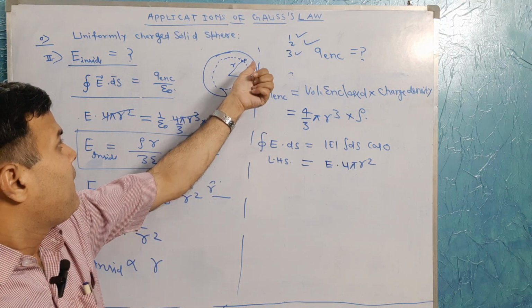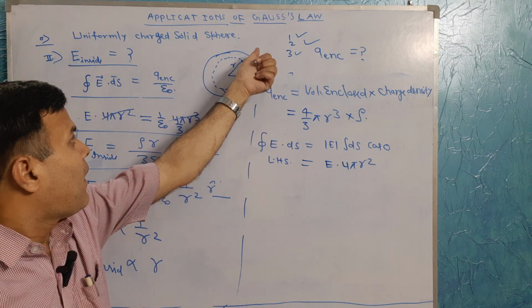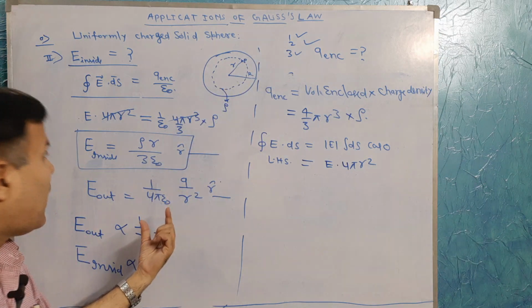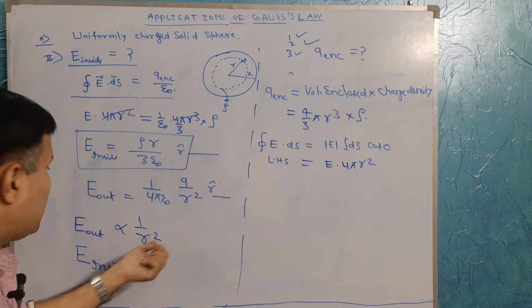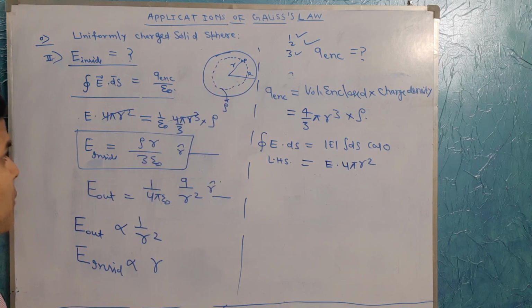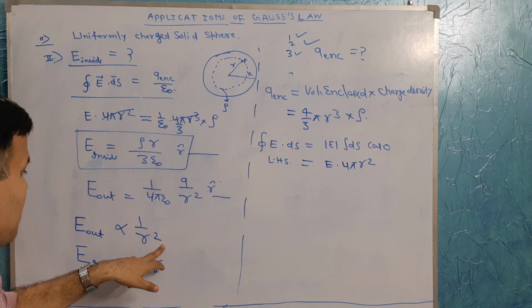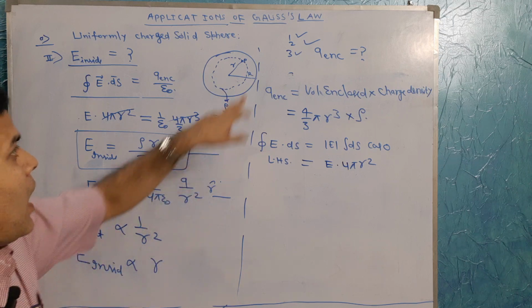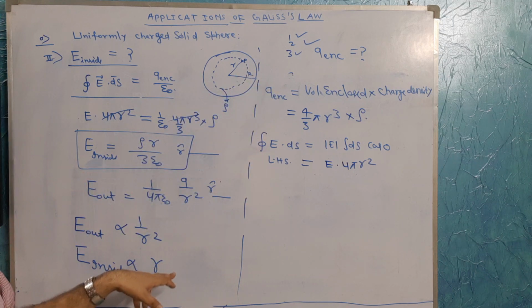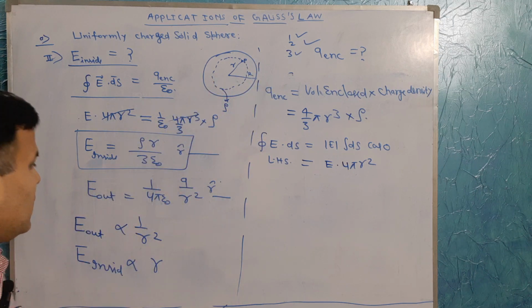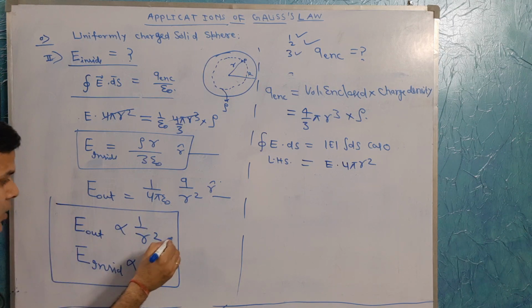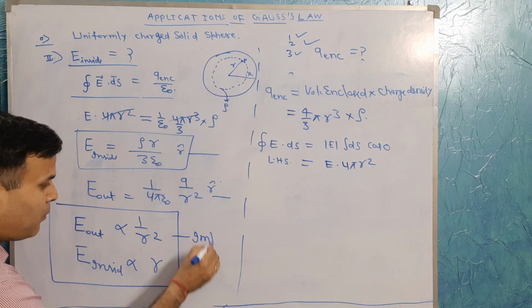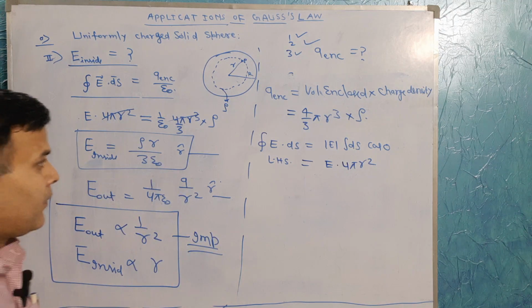In other words, the electric field is inversely proportional to the square of the distance when it is outside, and directly proportional to the distance when it is inside, and we can plot this field. So this is a very important expression.